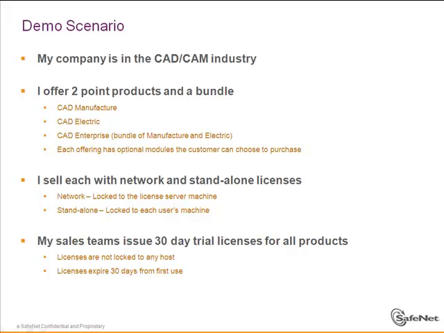I call them add-on modules, and I sell each of these offerings in network and standalone licenses. Explain what each of those are. And also note that it's very common for my sales teams to issue 30-day trial licenses for all my products. So that's a scenario: a small company, two main products, a bundle, some modules, a couple of license types with trials. I think this is pretty common.